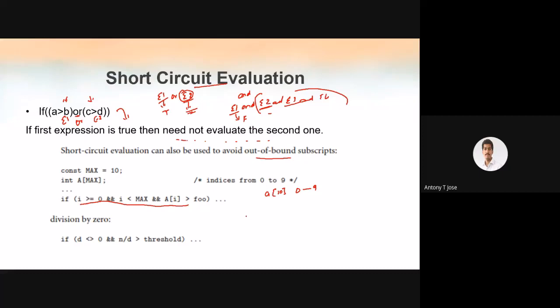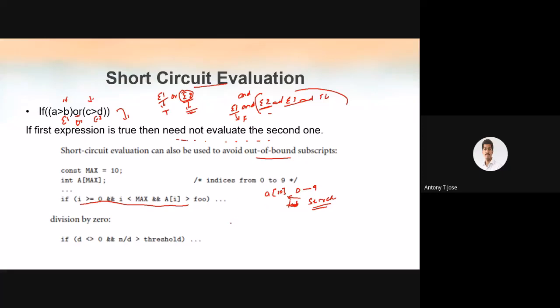I need to check whether a search value is present in this array or not.